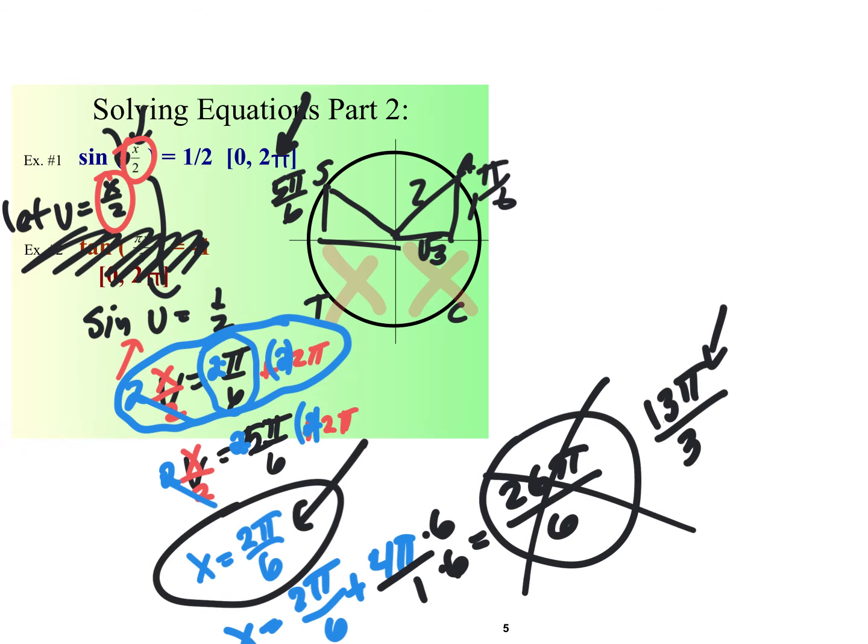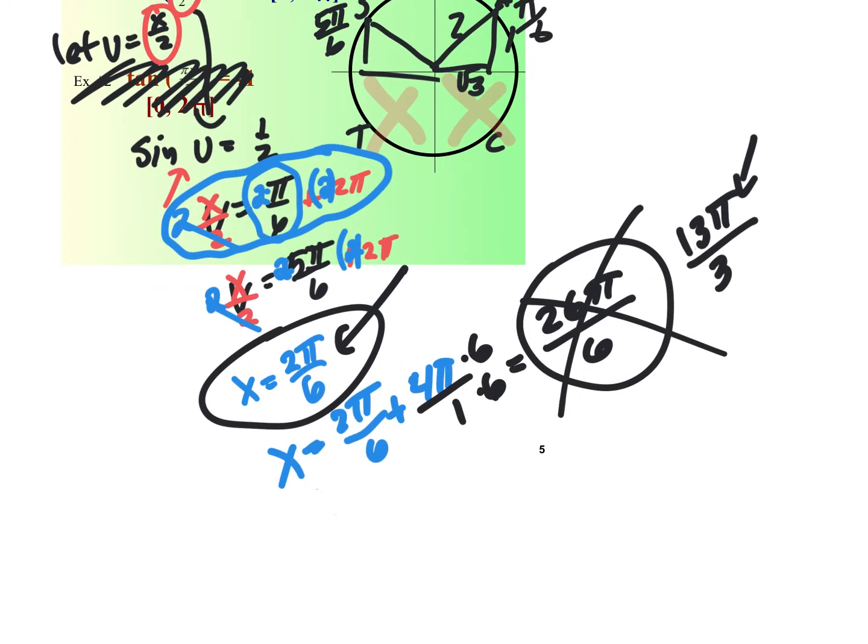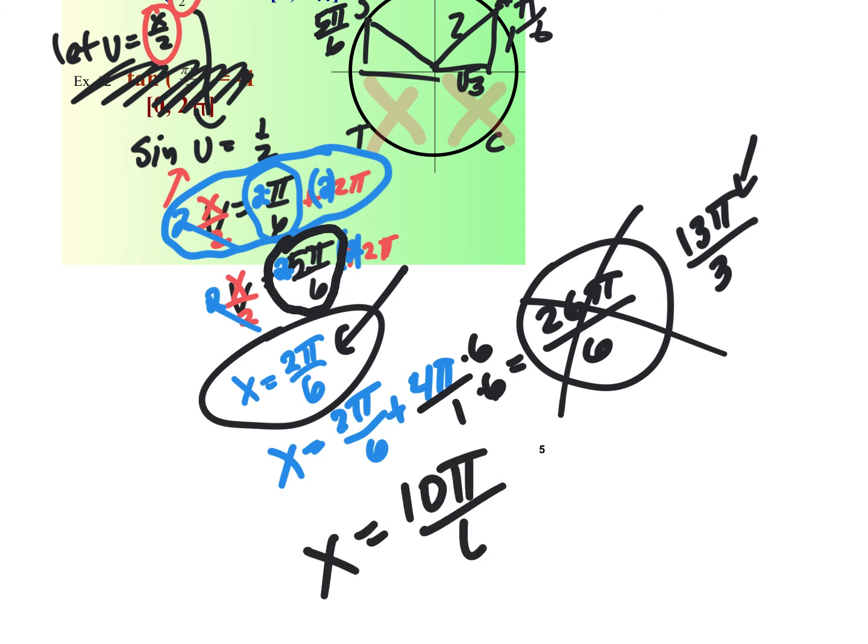All right. So our first answer, 2 pi over 6, that's in the range. It's between 0 and 2 pi. The next answer is right here. Maybe even that one's too big. 10 pi over 6 is my next answer. Isn't that the same as 5 pi over 3?